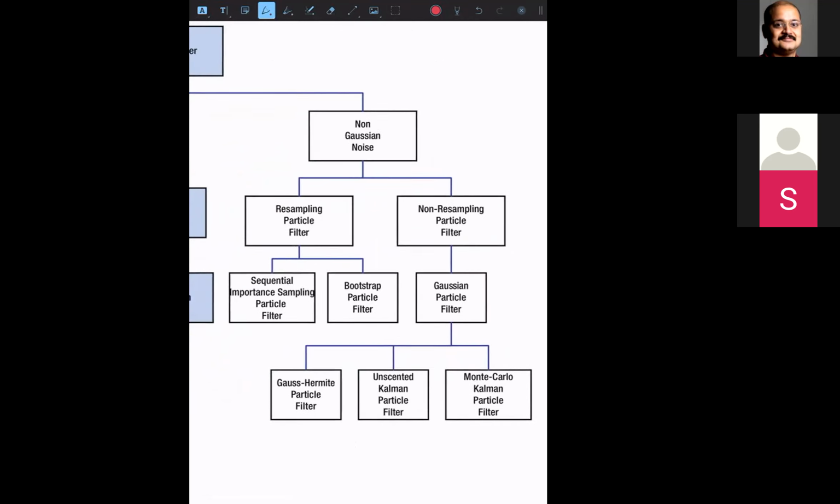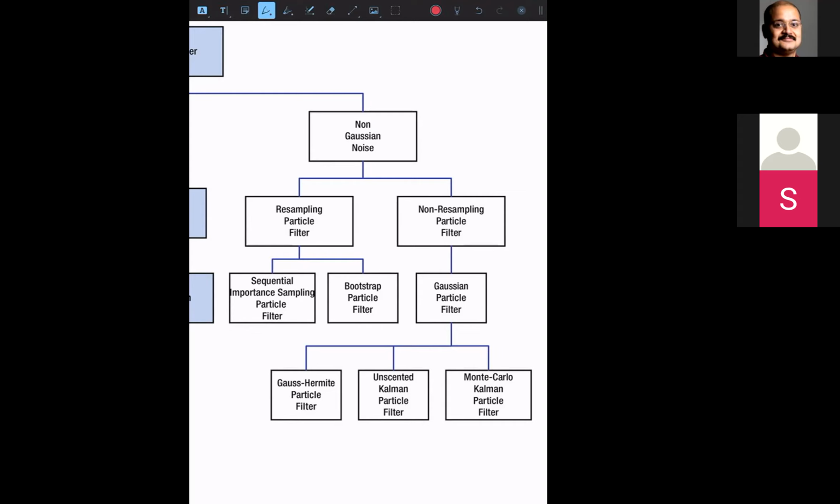And nowadays, you might have seen a lot of discussion on particle filters. In autonomous navigation, the autonomous driving cars, they use particle filters. Why do they use particle filters? Because the noise or the data corruption is non-Gaussian. So when the data is non-Gaussian, at that time what you have is something called the particle filter.